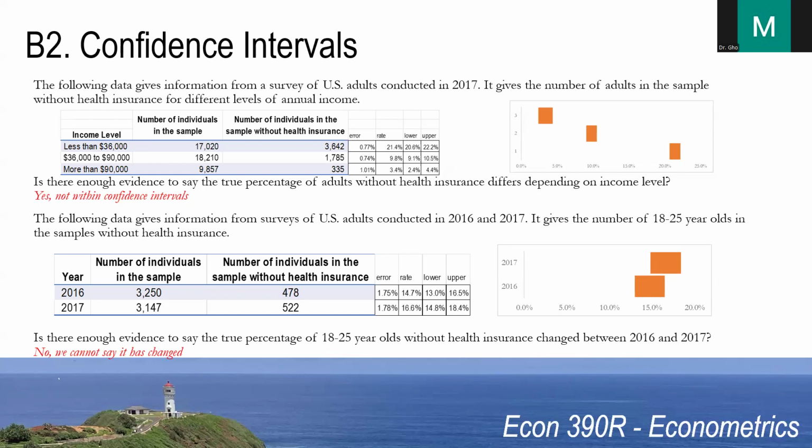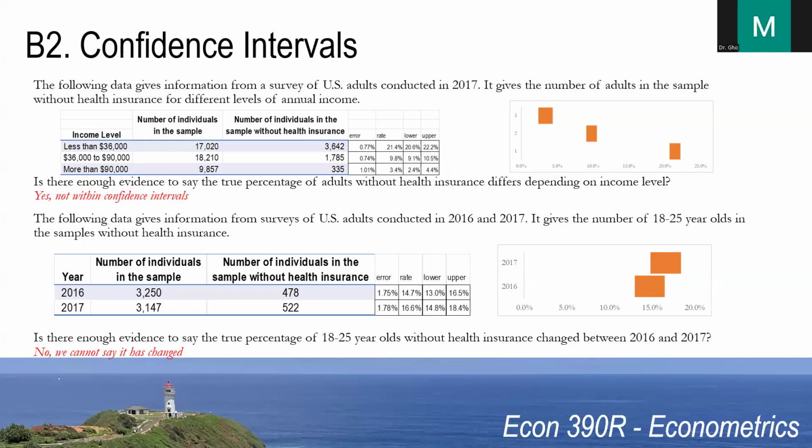The second one, you're looking at US adults from 2016, from 2 different years, 18 to 25-year-olds. And we looked at different numbers of individuals. And if you were to calculate the confidence intervals, is 14.7% the same as 16.6%?